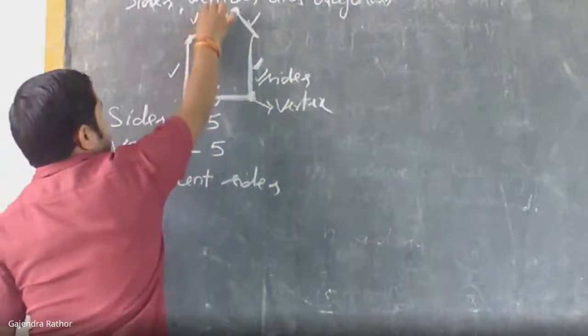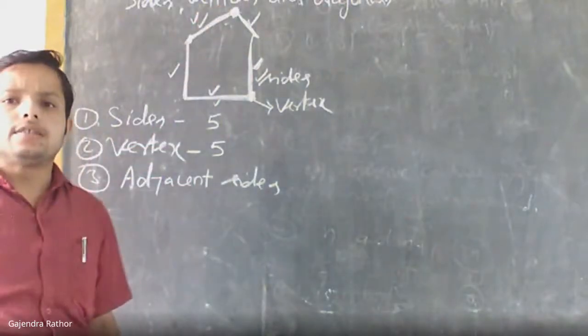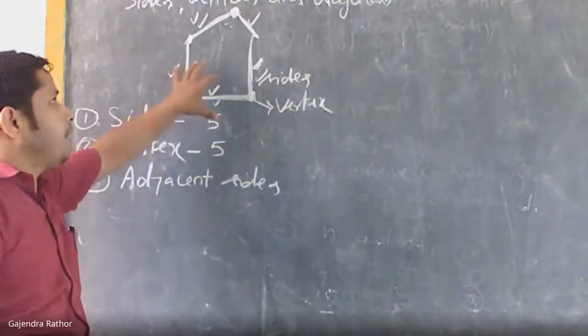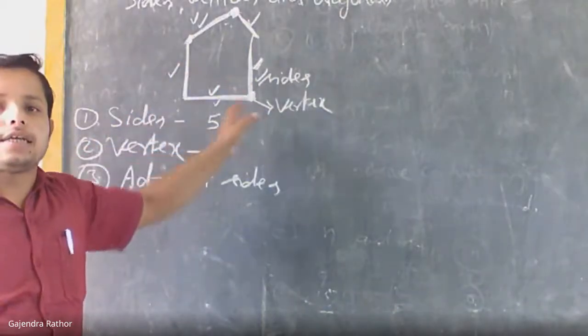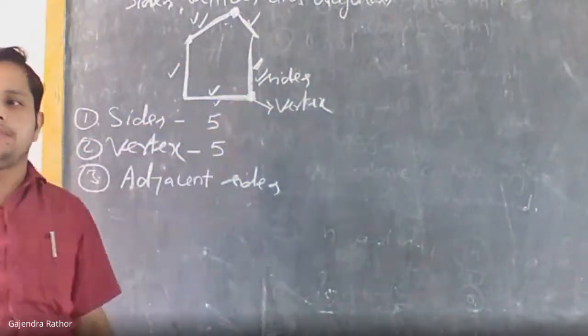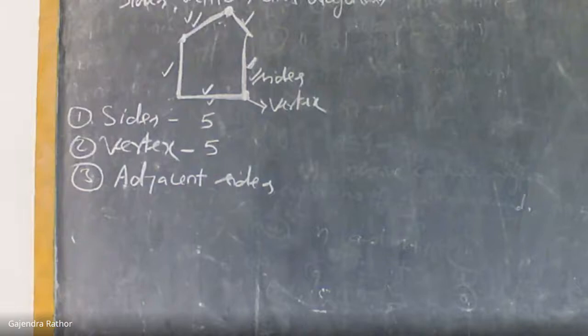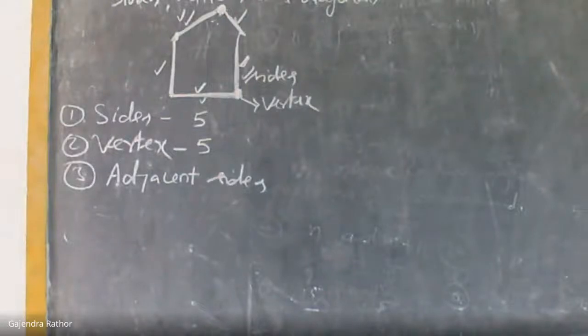So these are also adjacent sides. Can anybody tell me how many pairs of adjacent sides are in this polygon?